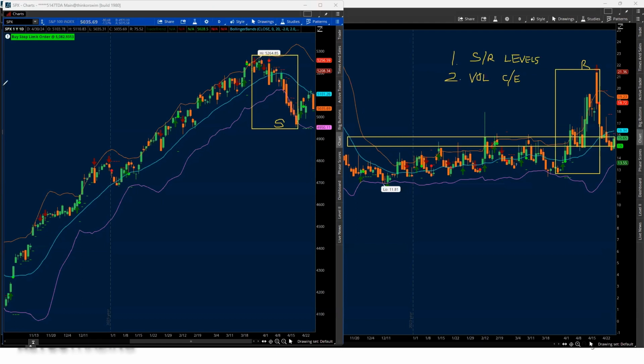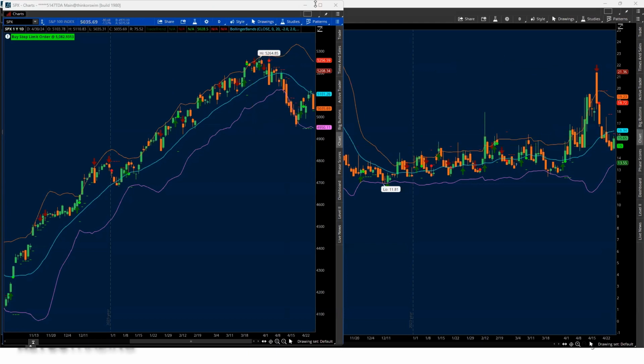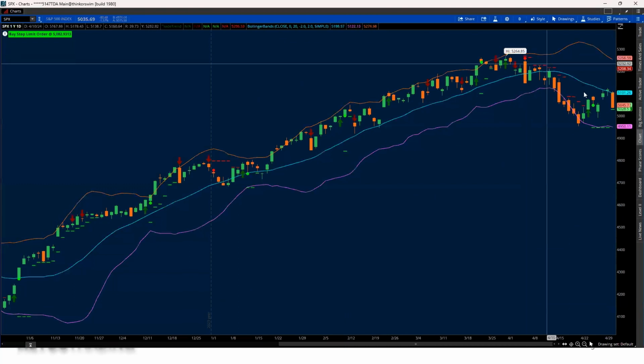A simple way to do that is simply to look at the high-low ranges, as we tend to see those change or shift during periods of trend reversals.